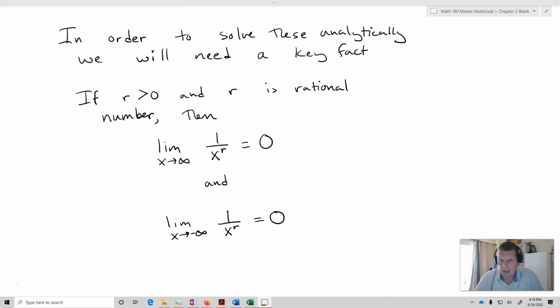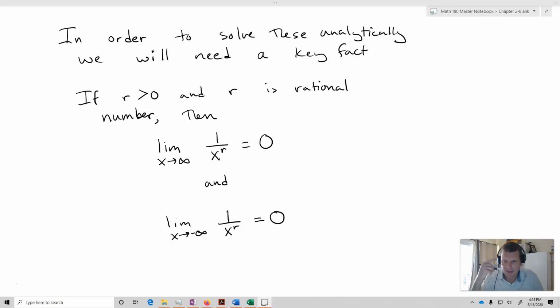Now, in order to solve these analytically or algebraically, we're going to need a key fact. If r is greater than 0 and r is a rational number, so basically r is non-negative and r is rational, so it's some kind of rational power bigger than 0, then the limit as x approaches infinity of 1 over x to the r is equal to 0, and the limit as x approaches negative infinity of 1 over x to the r is equal to 0 as well.